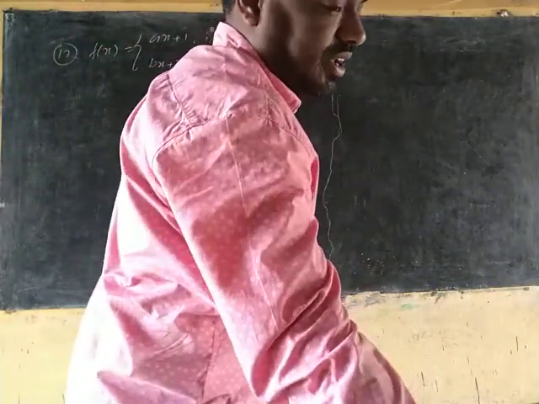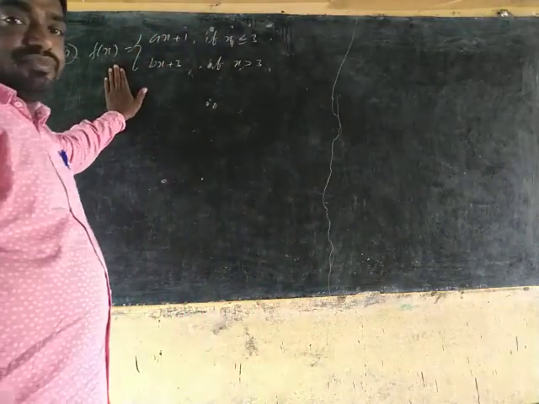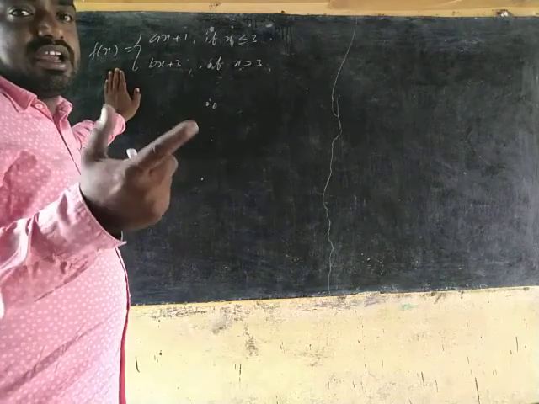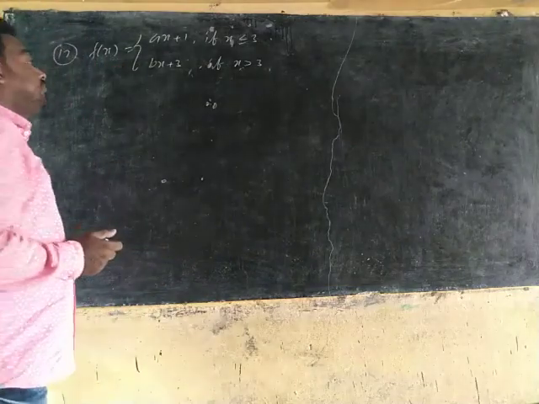What they have given is that at x equals 3 this is a continuous function. We need to find the relation between A and B. Important question, this is a previous board question.